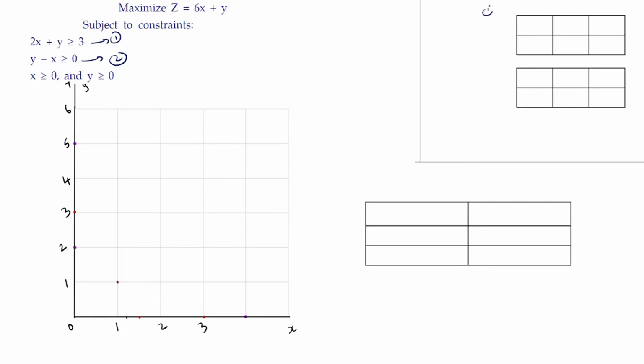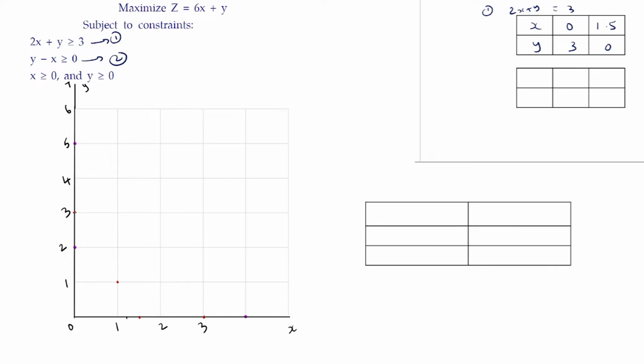So the first one is 2x + y = 3. When x is 0, then y is 3. When y is 0, x is 3/2, which is 1.5. Now if we plot the points (0, 3) and (1.5, 0) on this graph, and draw a straight line joining these 2 points, then we will get the line 2x + y = 3.